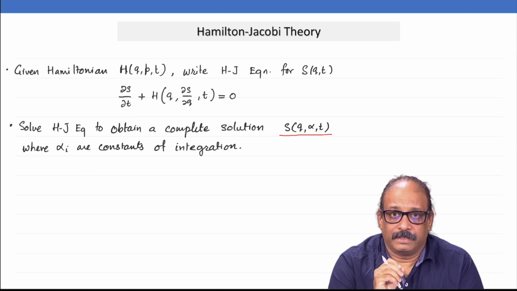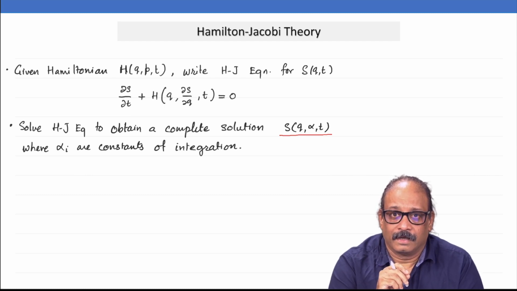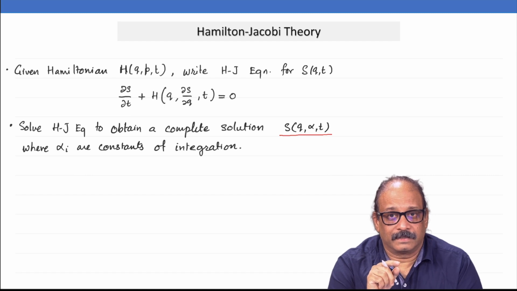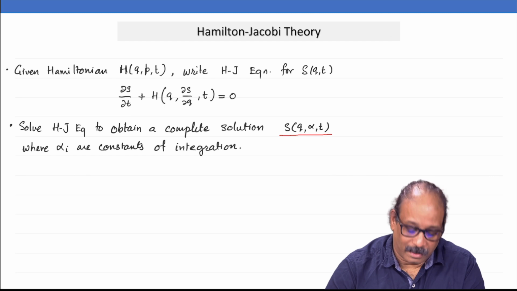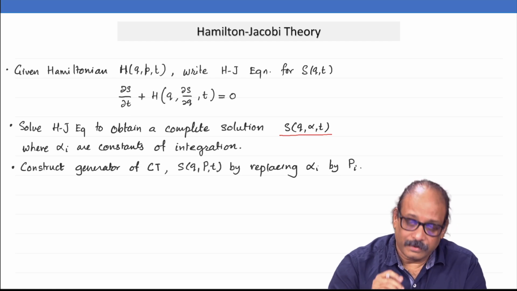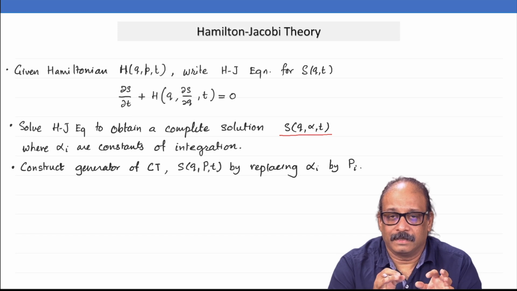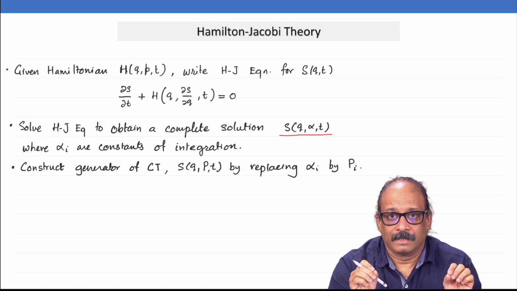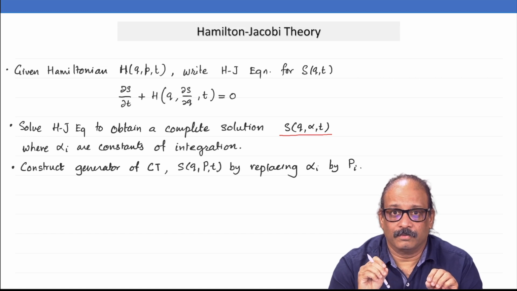See, the whole point of this procedure crucially depends on finding this complete solution, that means finding an expression for S in terms of q and the constants of integration, which are arbitrary in nature. Okay. So, once you have this, we construct our generator by simply taking this expression and replacing those alphas by capital P, which are supposed to be the new momenta.